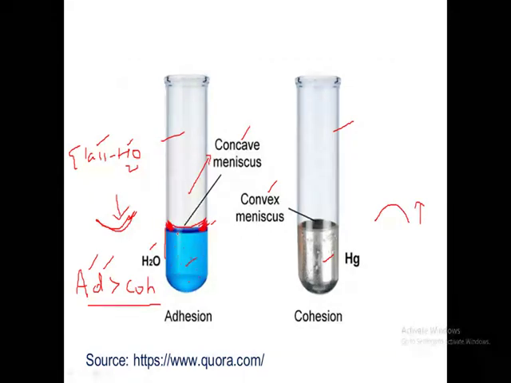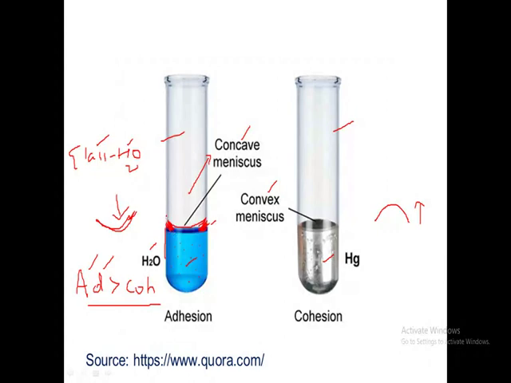As a result of this, what do we get? We get a concave shape here like this, because some of the water molecules are raised to a level higher than the original level. This is because the adhesive forces are larger than the cohesive force for a combination of glass and water.